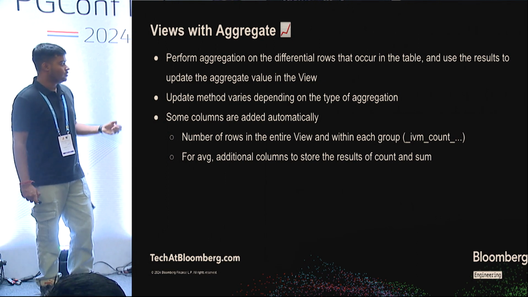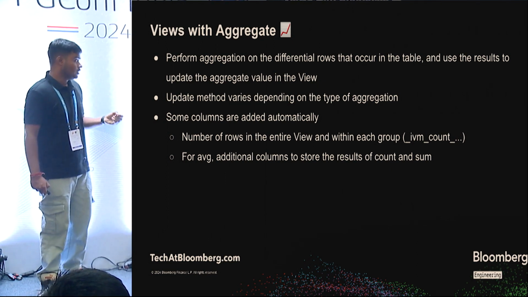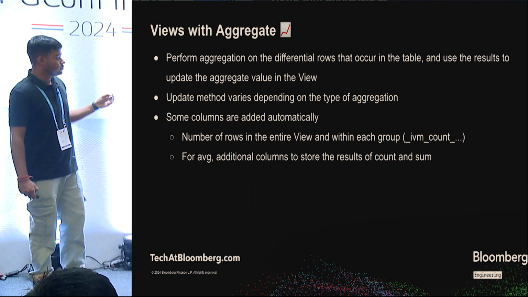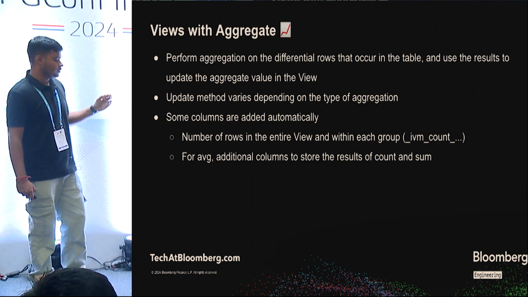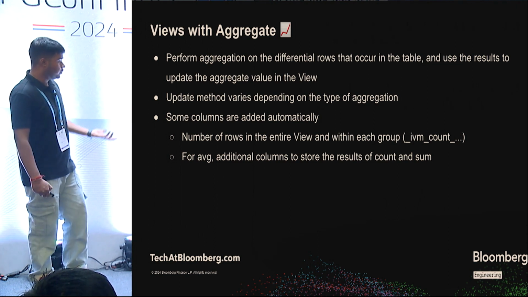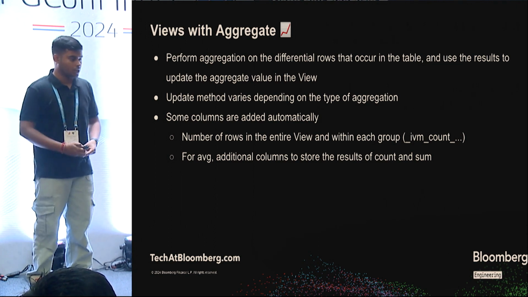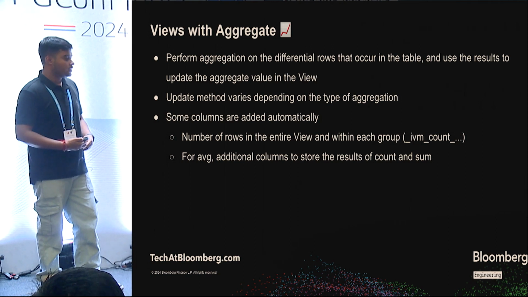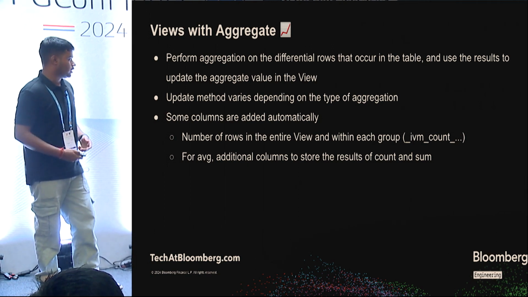But this update method varies for every type of aggregation. Apart from that, we also add some special columns to our materialized view in order to make the computation easier. For example, if we have the average aggregation function in our view definition, then we add the columns of sum and count so that it's easy to calculate the average.